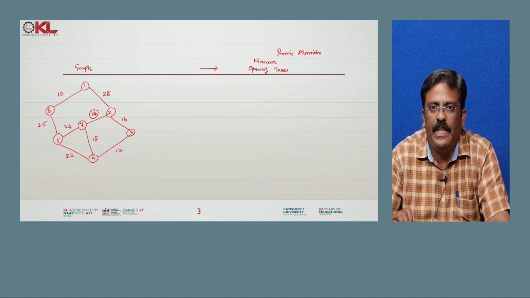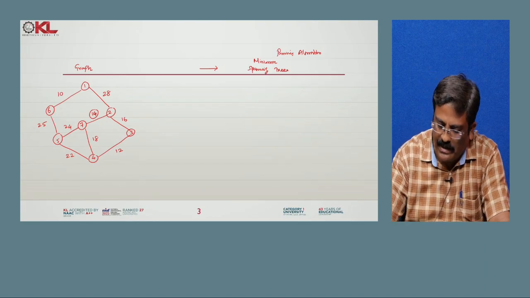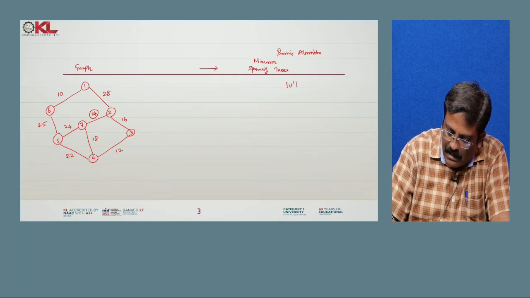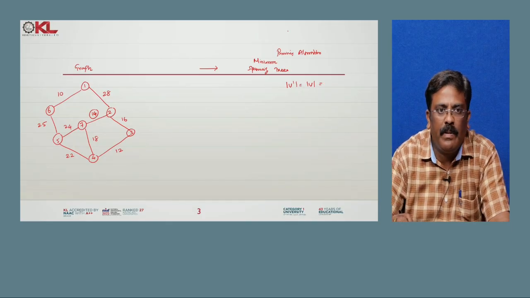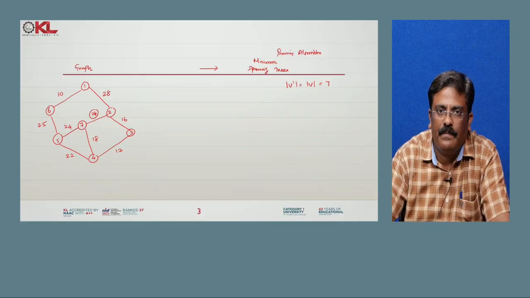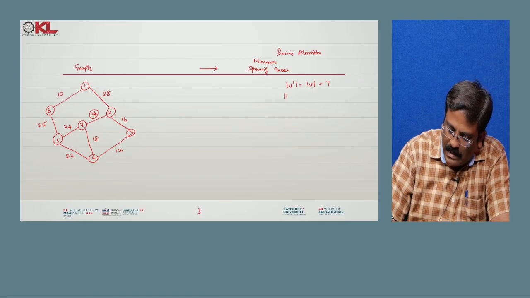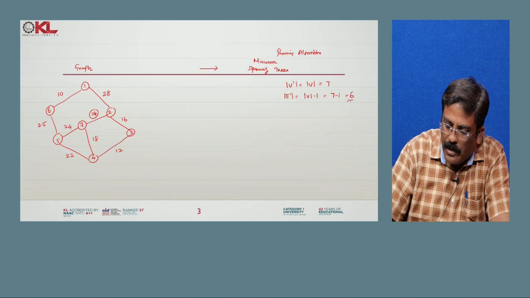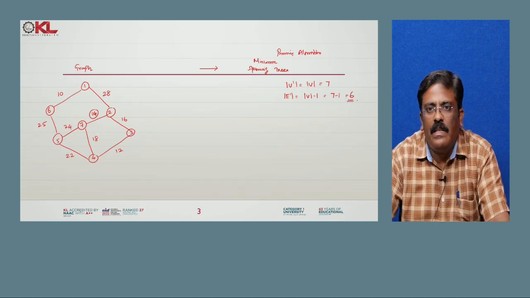Once the graph is given, identify how many vertices and how many edges are possible. So V' is the mod of V, that is, how many vertices are available here? 7 vertices are available. And E', we can say, is mod of V minus 1, 7 minus 1, so 6 edges will be possible when we form the output spanning tree of Prim's algorithm.